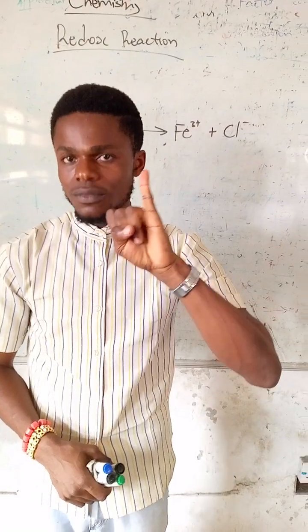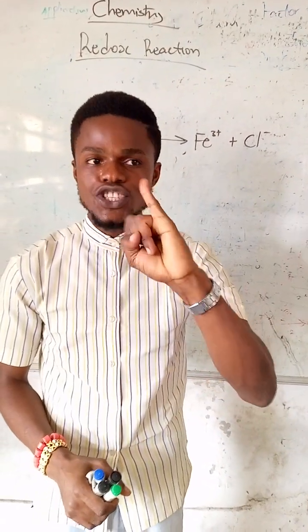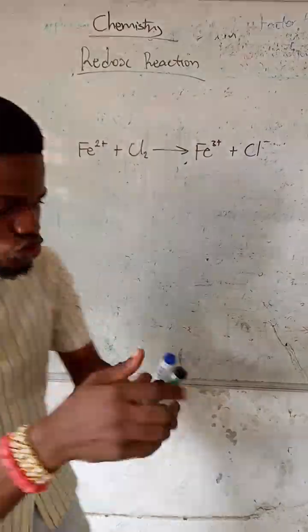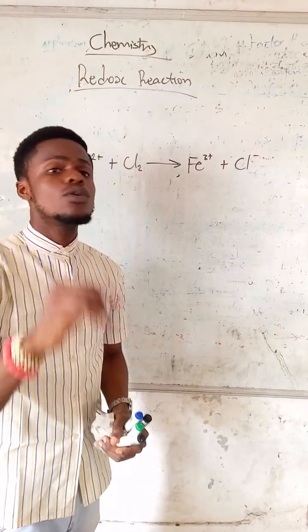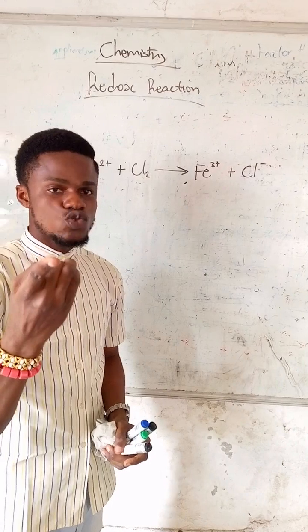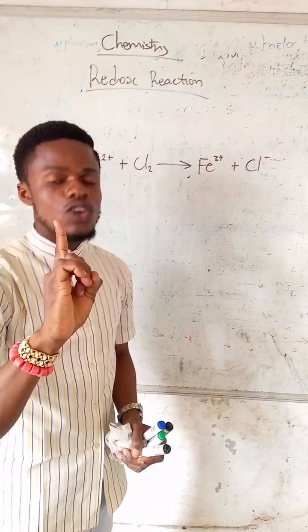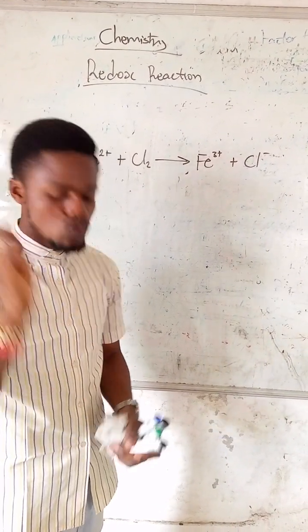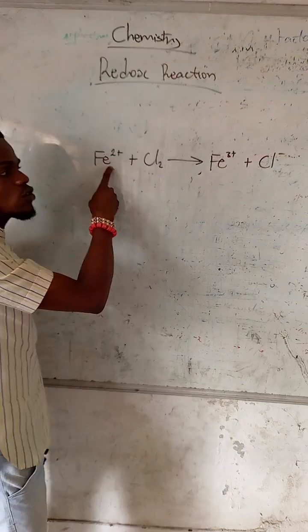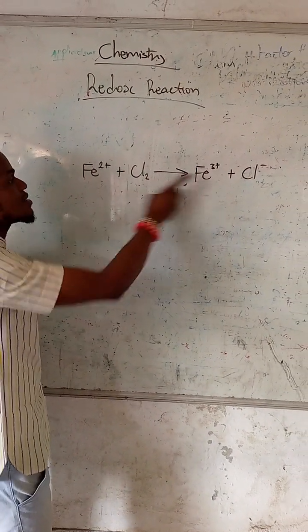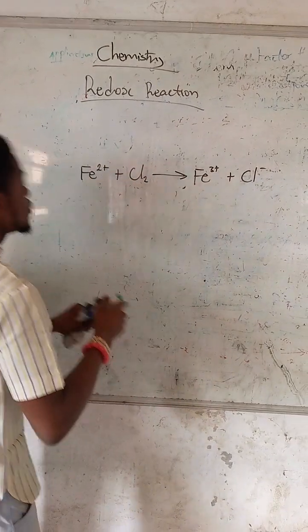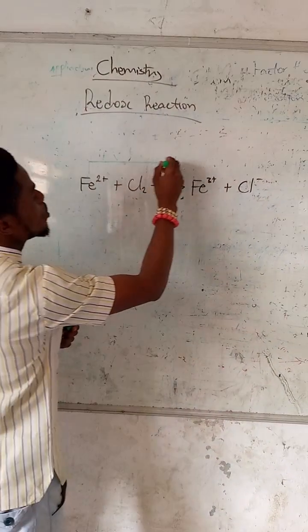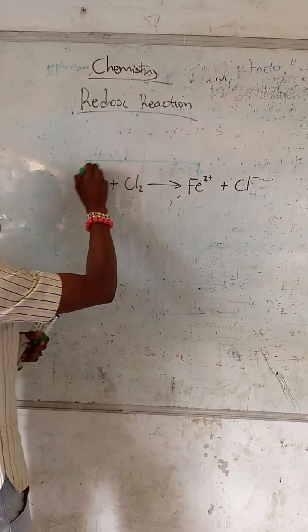Rule number 1, assign oxidation numbers to the species to balance the atoms. That's what I'm going to do now. But before I apply this rule, you must understand which of the species is reducing. From iron 2 to iron 3, iron has oxidized. So from here to here, oxidation has taken place.